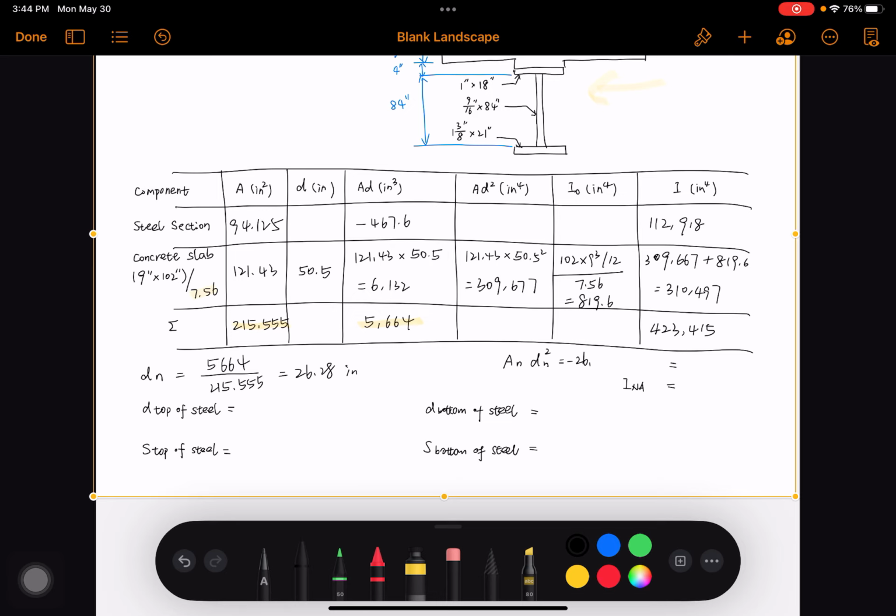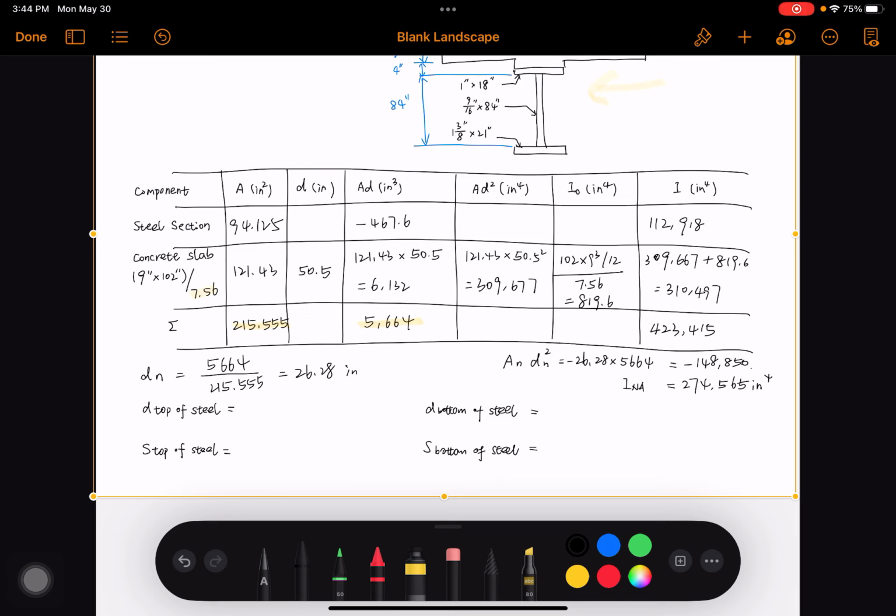Here the AND square is negative 26.28 times 5,664, which gives negative 148,850. And the moment of inertia about the neutral axis is 274,565 inch to the 4th power.